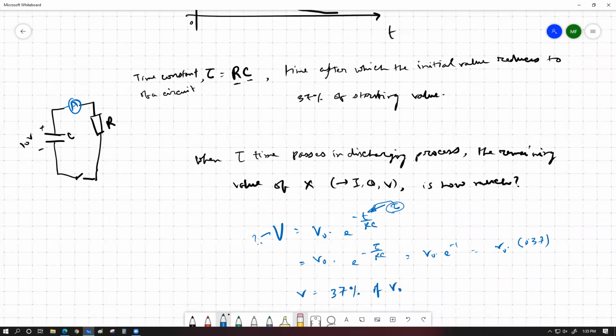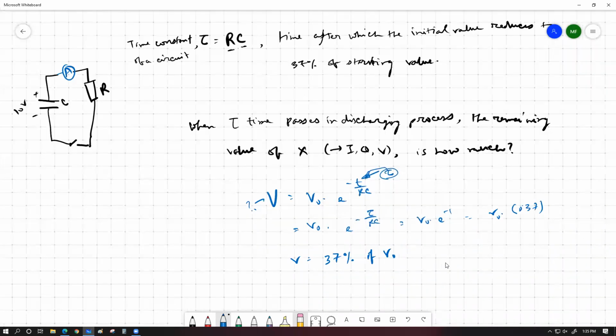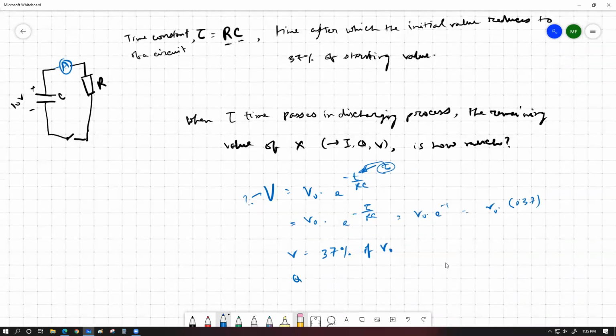The same thing can be represented for Q and for current I. I can write in a similar manner that Q should also be equal to 37% of Q naught, and the remaining current should also be 37% of the initial current I naught. Now, 37% is a 2 SF value.